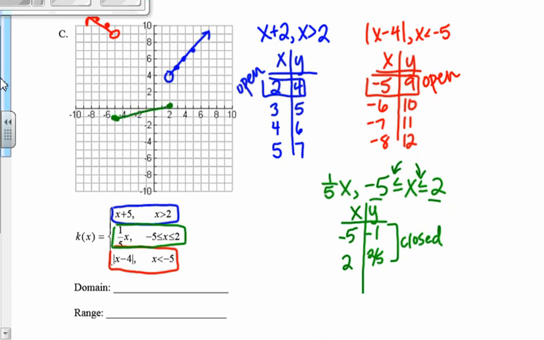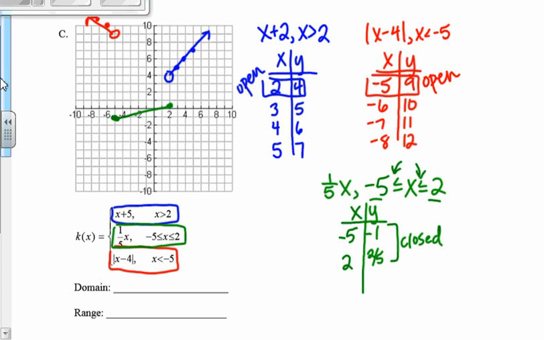Notice in this case, we don't extend indefinitely in either direction. It starts at -5 and it ends at 2. If I extended it past that, we wouldn't have a function because it wouldn't pass the vertical line test. So we just start and stop. And again, it is a function. It does pass the vertical line test.